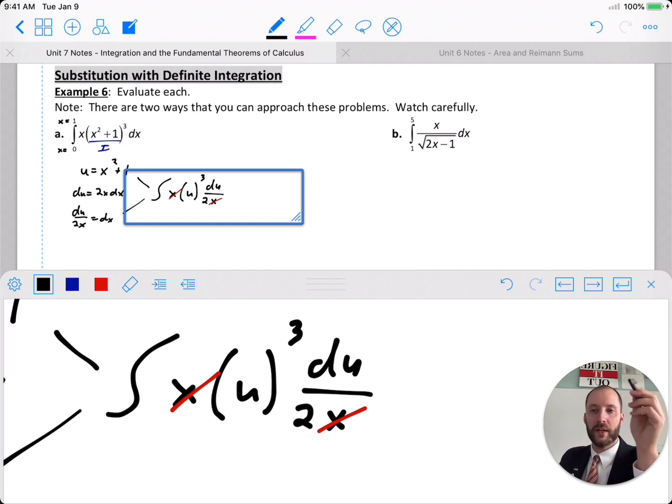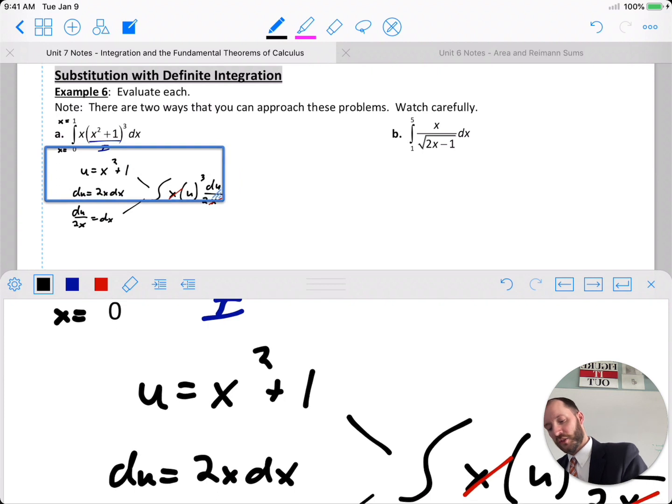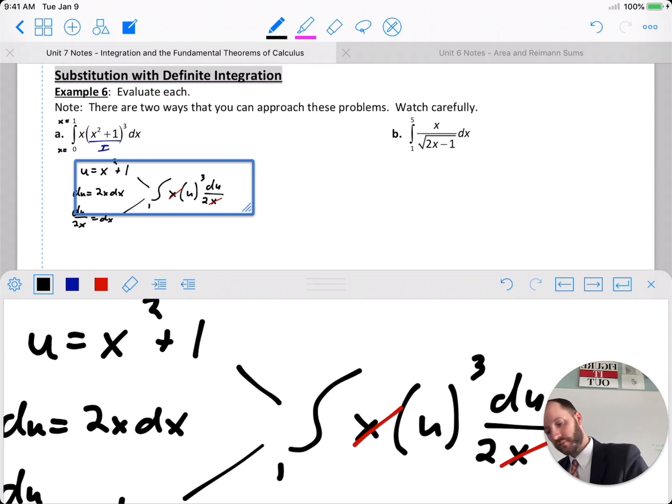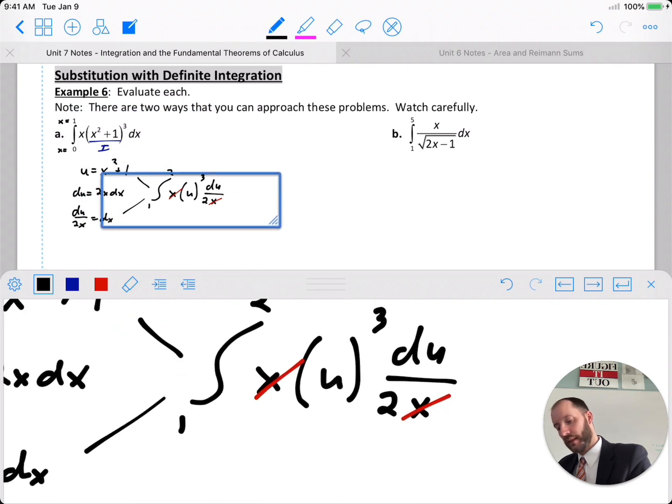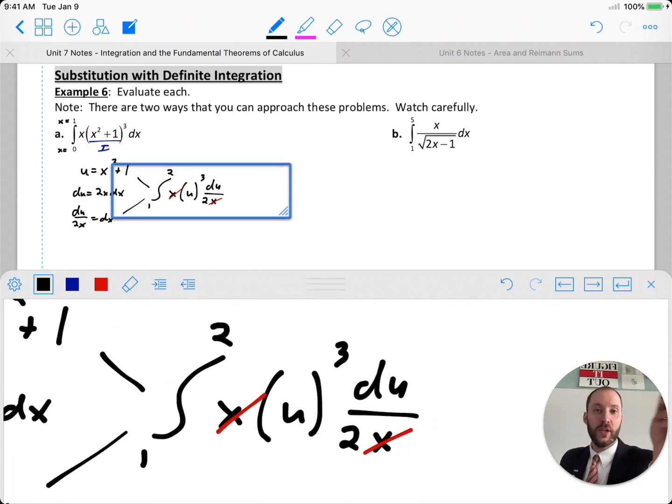The 0 and 1, we now need u values. So right here, u equals x squared plus 1. Plug your x's in, we get u's. Plug in 0, you get 1. Plug in your upper bound 1, you get 2. So now what we started with, everything was in terms of x. X bounds, x variable, dx. Now everything is in terms of u. U bounds, u variable, du.